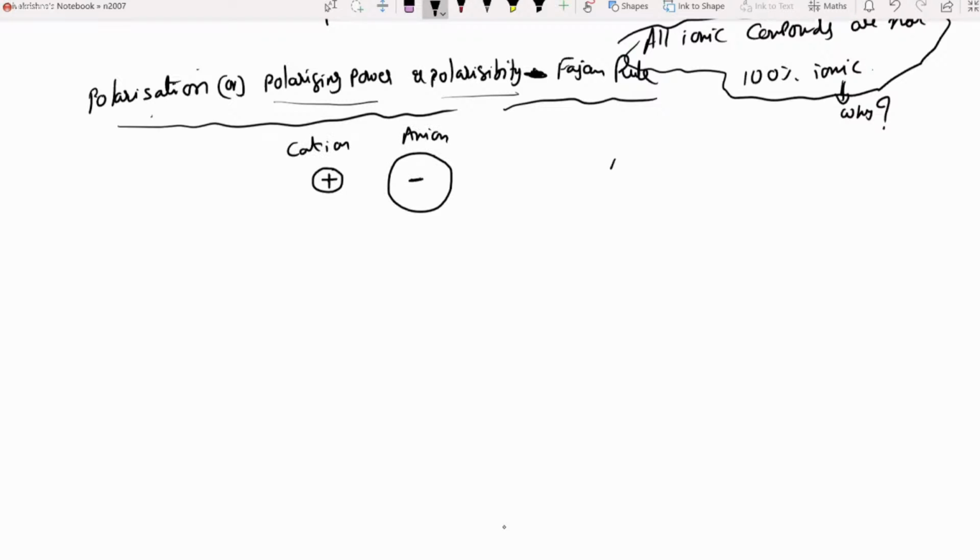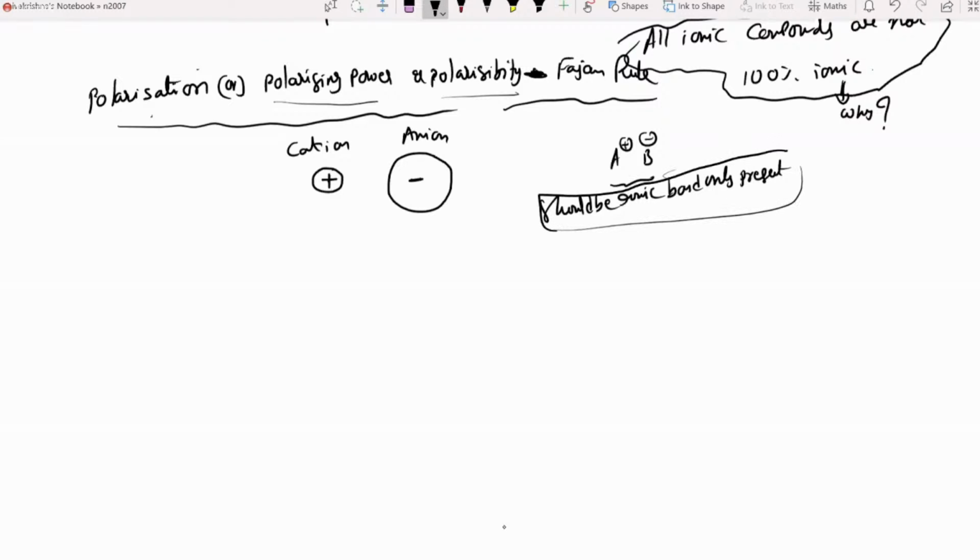Generally, which bond is present between cation and anion? According to our thought, an ionic bond should be present, only an ionic bond. But that is our wrong thinking.